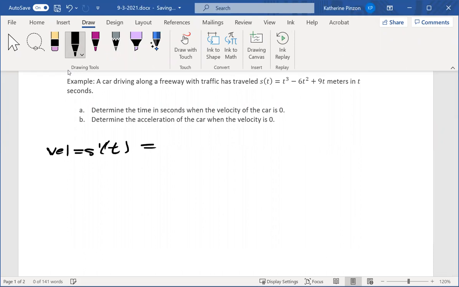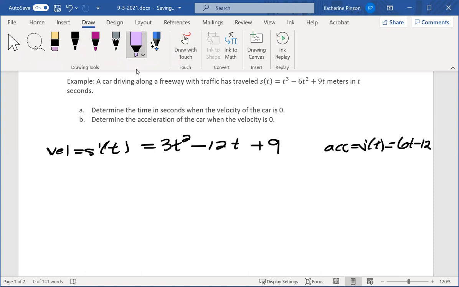The derivative of this function is 3t squared minus 12t plus 9. Great. Okay. Acceleration is going to be the derivative of velocity. The derivative of this function that we just found is 6t minus 12. Great.